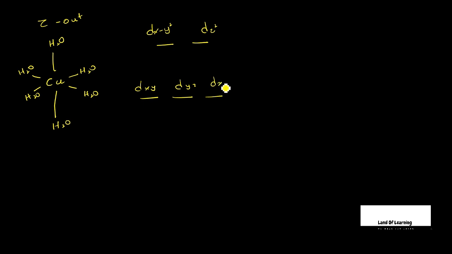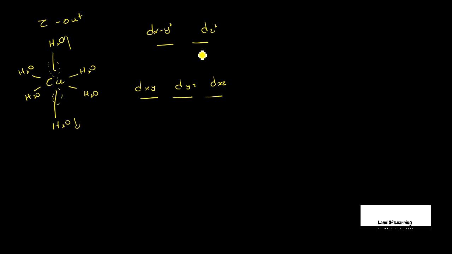and dxz, right? So when these ligands are going outwards from our metal center, you will see that the dz squared orbital, this orbital over here, will get relaxed, right? Lower electron repulsions because the ligands are moving outwards from it. So the dz squared orbital will be stabilized, which means it will lower its energy.